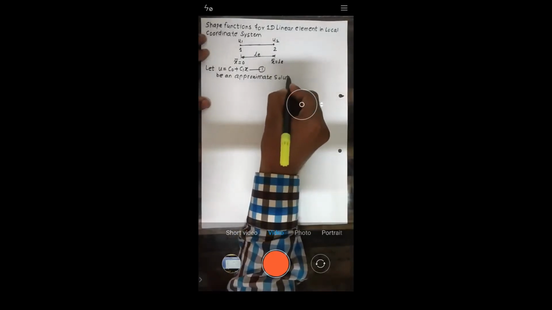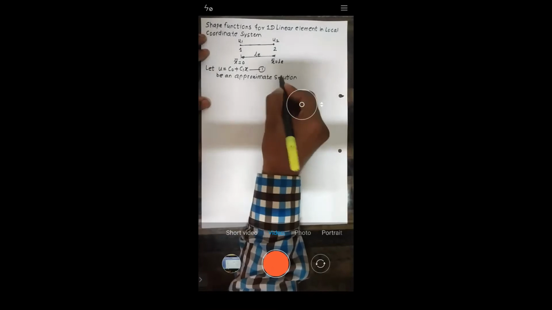When we solved the Rayleigh-Ritz method, the Galerkin method, the collocation method, the least squares method, or the subdomain method, these are basically the non-weak forms, nothing but the non-weak forms of the weighted residual method.